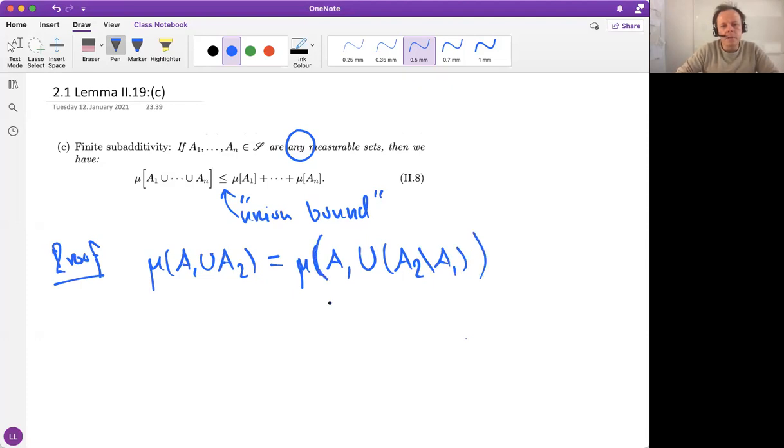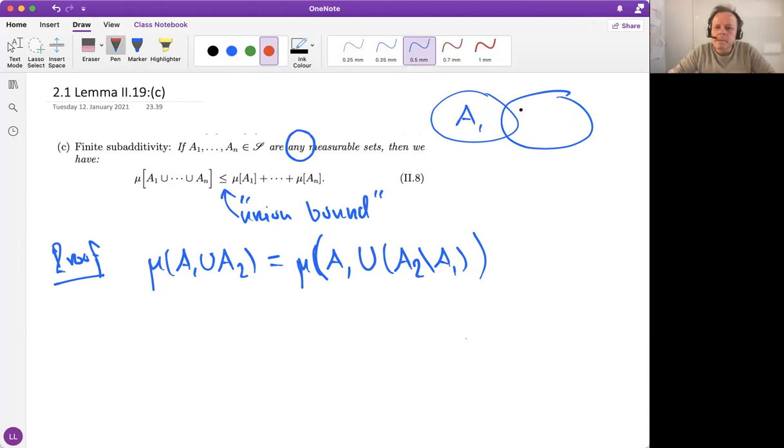We write this union in this form. This union is the same as the union here. If you think, I have A1 and then I have A2 here, this part is the A2 where we don't include A1. So the union of this is, of course, the same thing. And now these are disjoint.